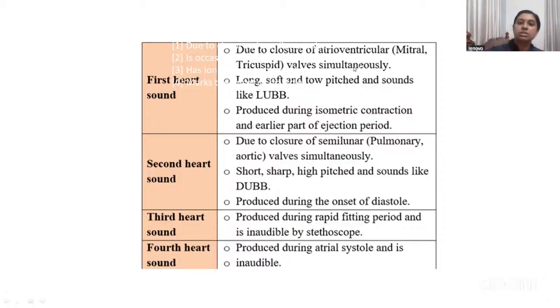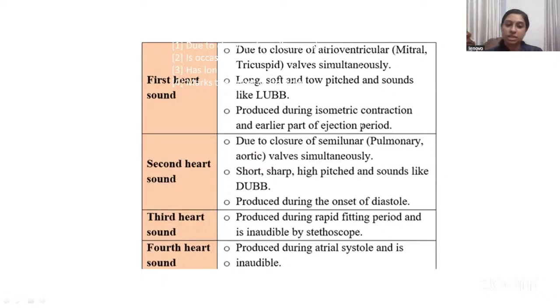That's why the closure of AV valves simultaneously results in the formation of the first heart sound. So what are the characteristics of the first heart sound? It's a long, soft, low pitched sound, like a LUP. It is produced during the isovolumetric contraction and the earlier part of the ejection period.